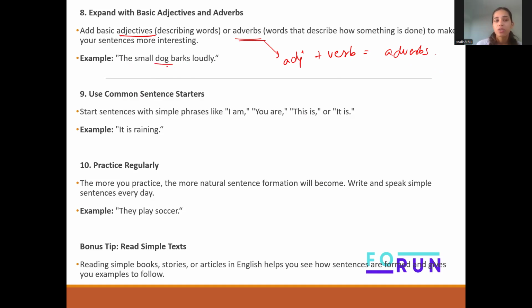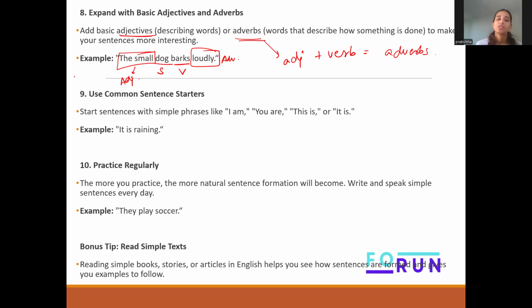Our subject is what? Dog. Our verb is what? Barks. Now, is there any information that's telling more about the subject, dog? Yes, small, that the dog is small. Is there any information about how the dog is barking? Yes, loudly. It becomes our adverb. This becomes our adjective.